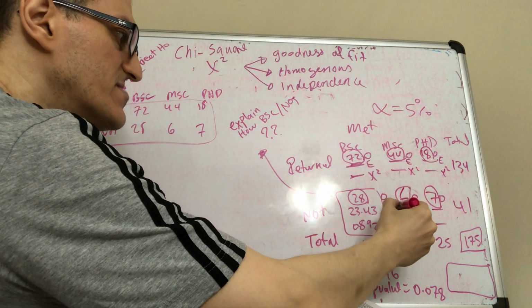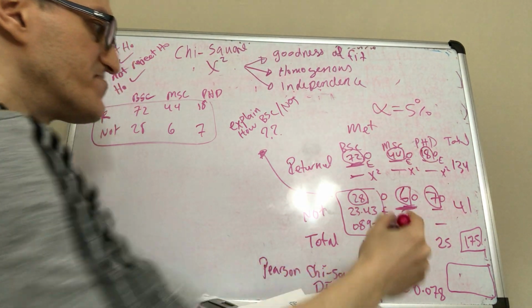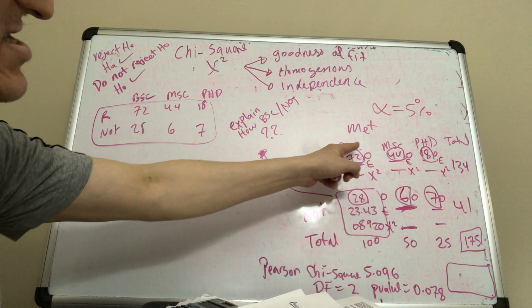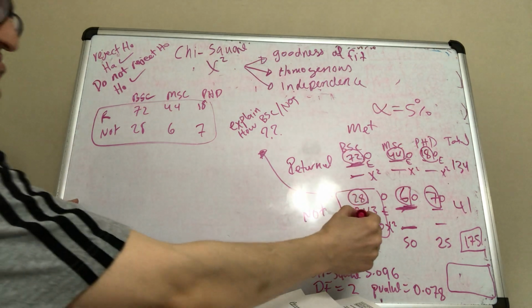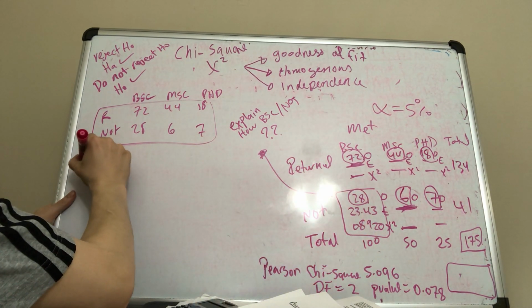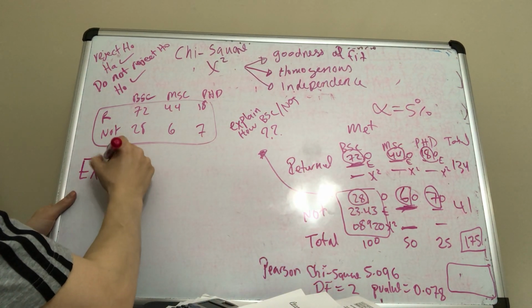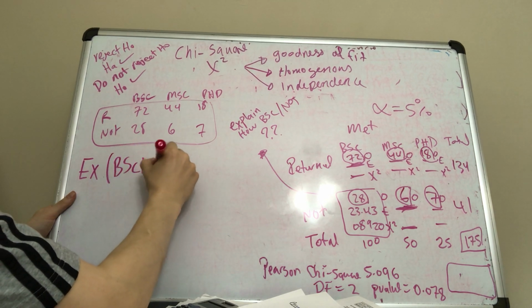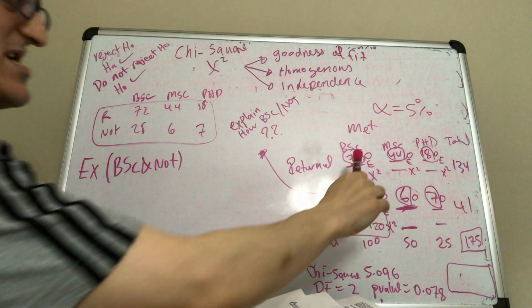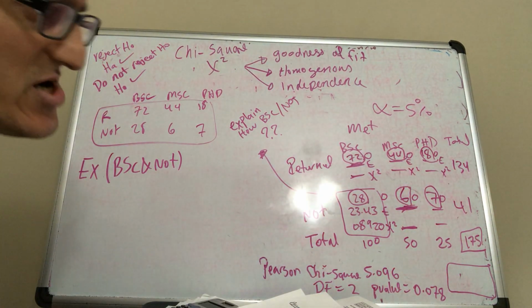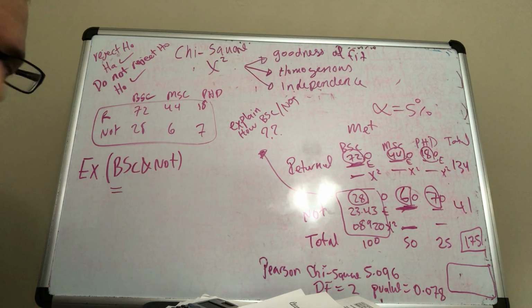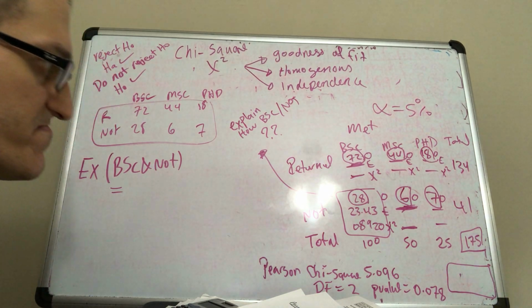So it's always O, E, chi, or observed, expected, chi. So we need to find the expected for BSc and not returned. How would this number be calculated? Expected, and that's the same for all of them. You can try all of them later and make sure you get it right.